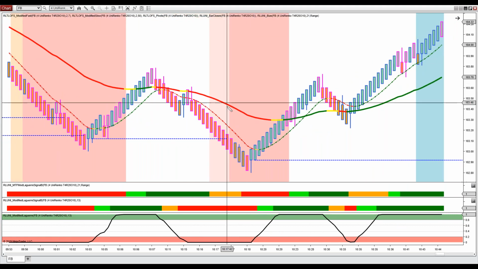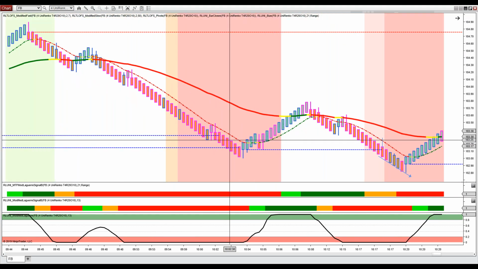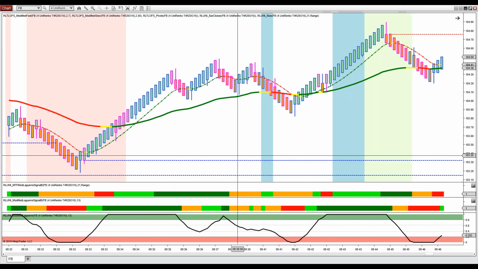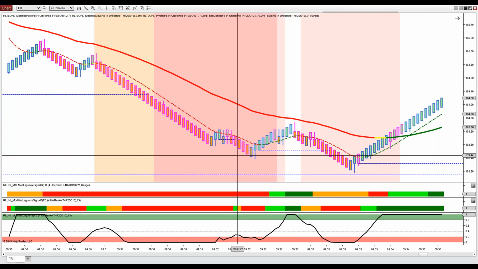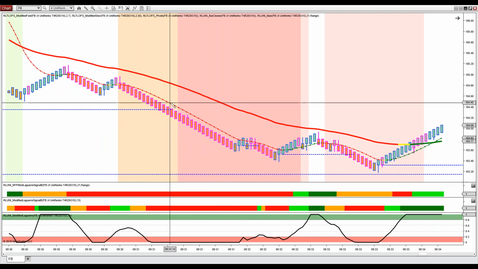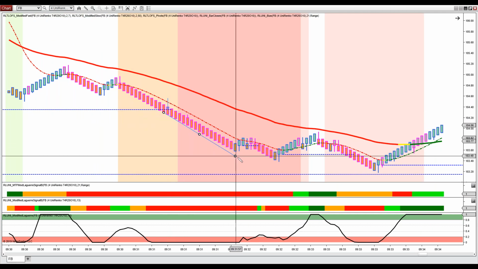And this doesn't go very far, but it's a winning trade. I haven't gone into overbought, oversold, but I will. There's your pivot break right here, and your move down.